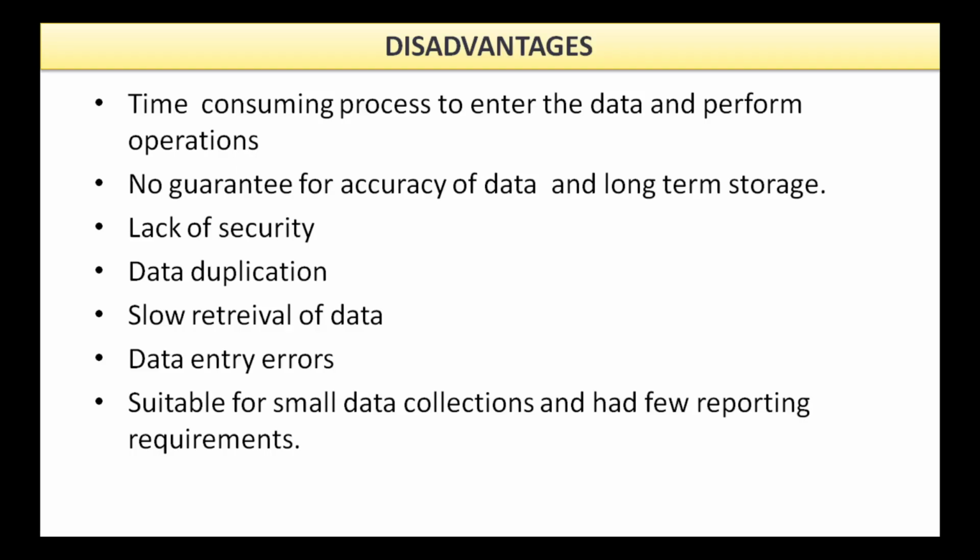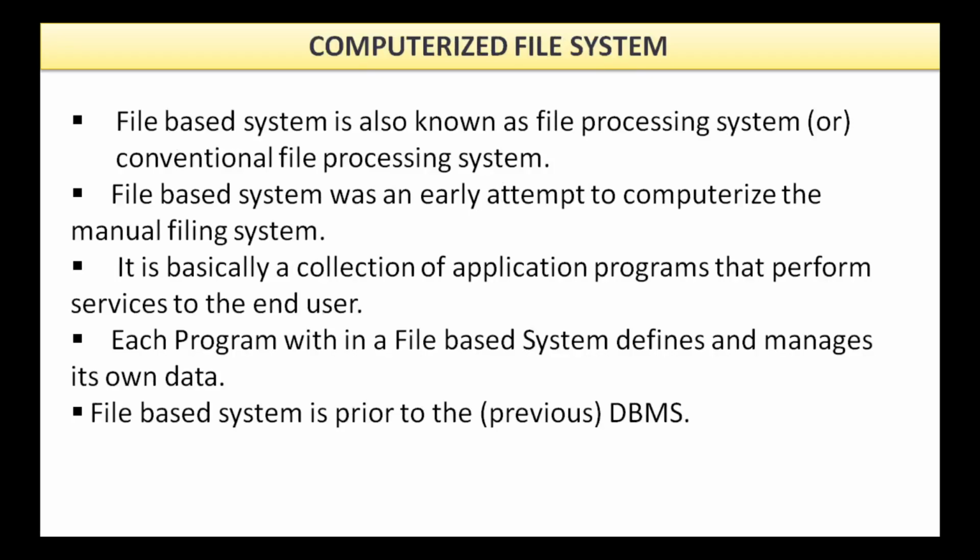Now we discuss the file system, students. Okay, so what is a file system? Actually, the file system is a way of organizing and managing files on a storage medium like a hard disk. That means the file system controls how the data will be stored on the tracks of the disk and also how it will be retrieved.